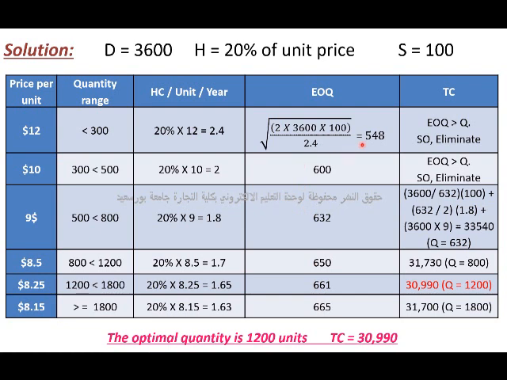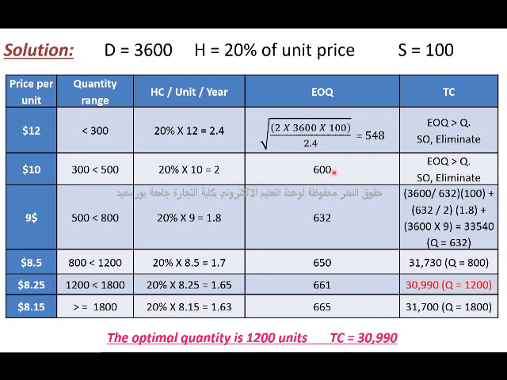You would like to buy 548 with price 12, but the supplier will refuse because, return to your exercise, he said less than 300 with price 12, but you would like more, so he will refuse this.